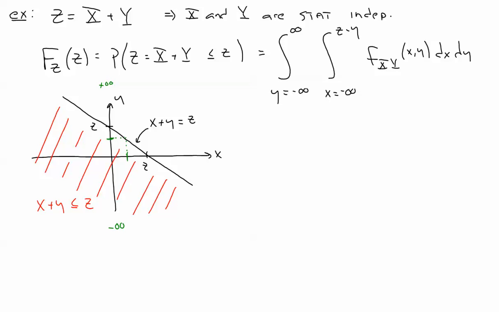So for a given value of y, the maximum value of x is z minus y.